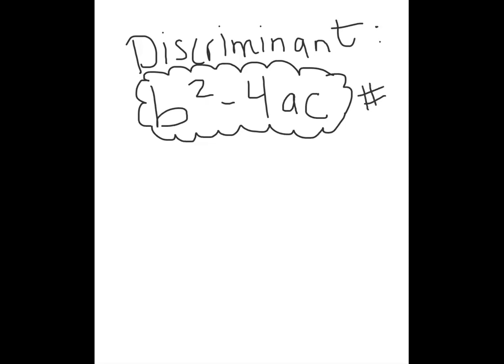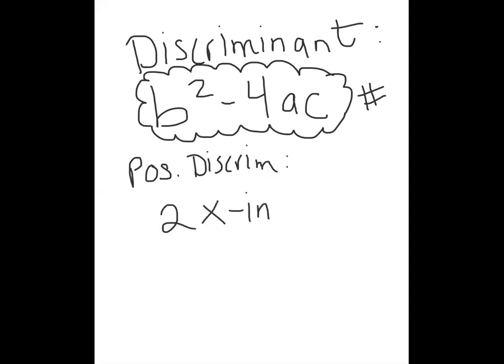So why does that number get its own vocab word? Well, it's because like you saw in numbers 1, 2, and 3, depending on what that number is, it totally dictates how many answers you're going to get. So if you have a positive discriminant, like you did in number 1, that is when you have 2 very distinct x-intercepts because the parabola crosses the x-axis twice.